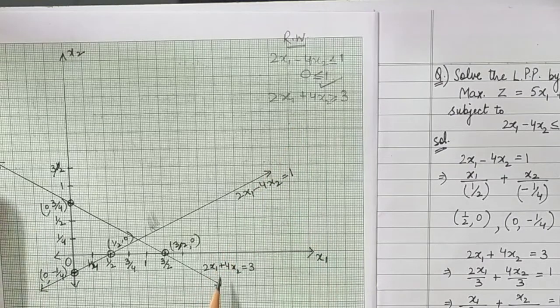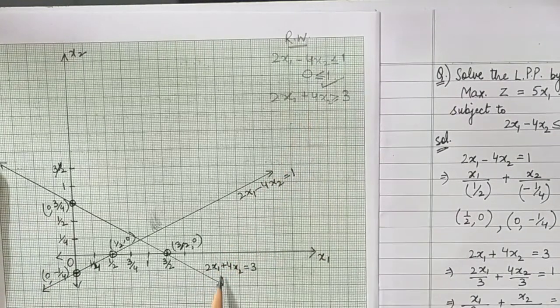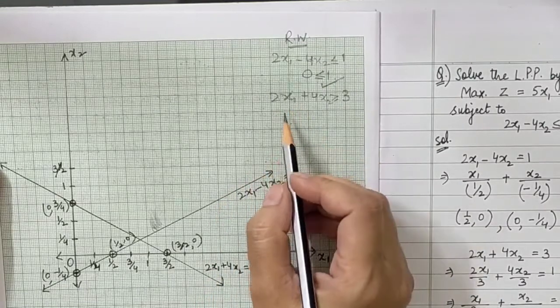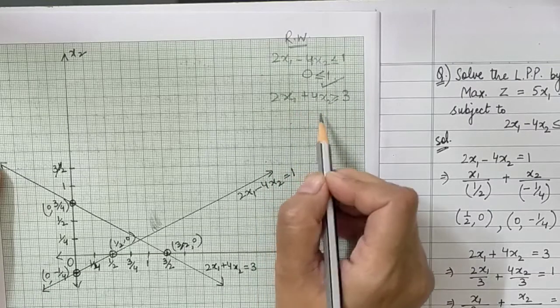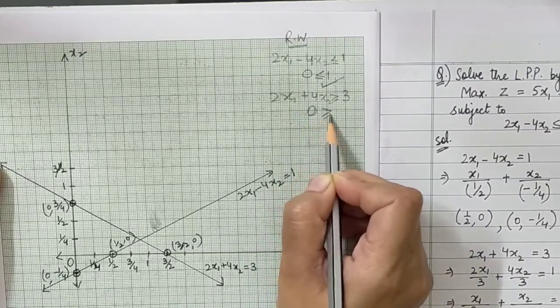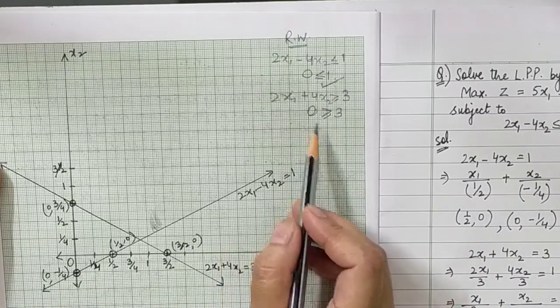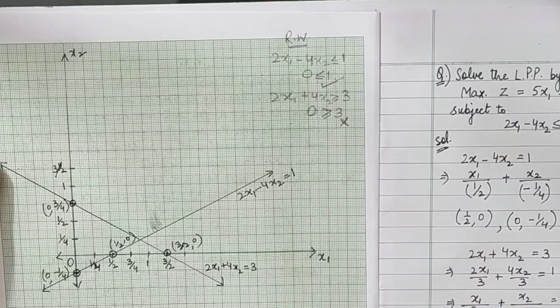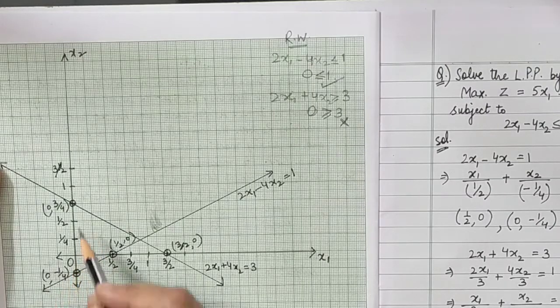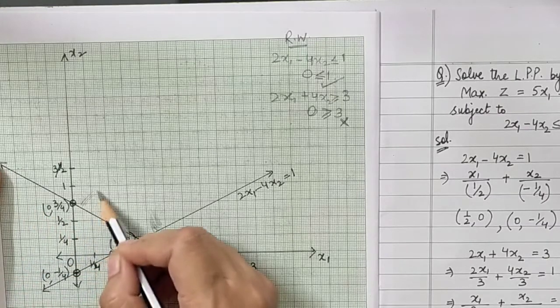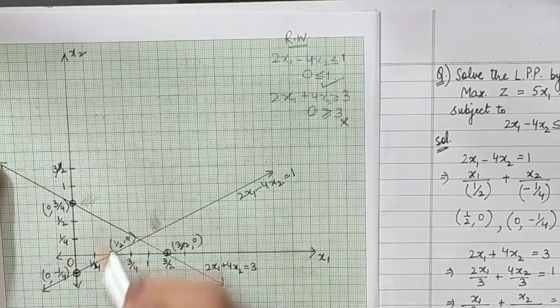You have to see which line corresponds to this, and now you are again going to check the origin. 2 into 0 plus 4 into 0, so 0 is greater or equal to 3. Now this is the line you have. 0 greater or equal to 3 is false. 0 is neither greater than 3 nor equal to it. So this is false. It means the side of the line where 0, 0 lies is not satisfied, so you have to go against it. Do not go towards 0, 0, go to the other side of this line.